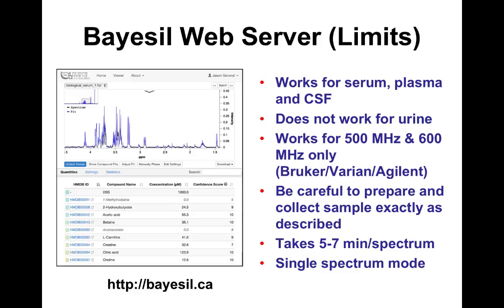So, as with anything in chemistry, read the instructions, follow the instructions carefully, collect your spectra as directed, and then things will generally work. The web server can do things in a single spectrum mode. You guys will be using one that's designed for batch uploads.